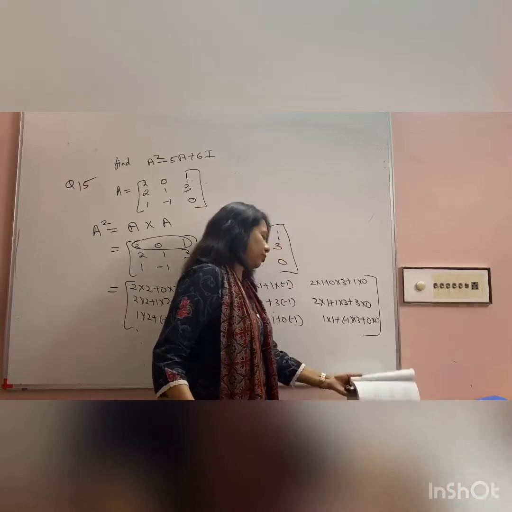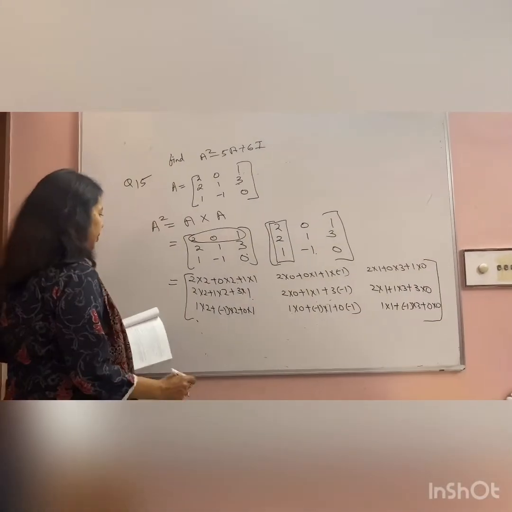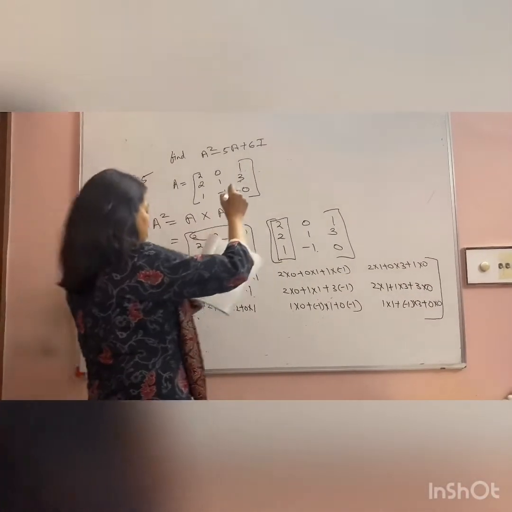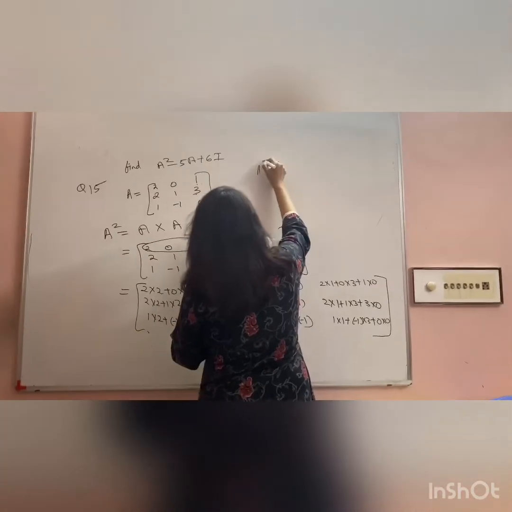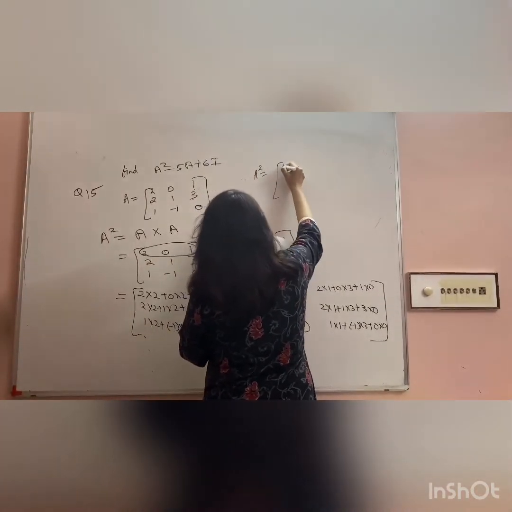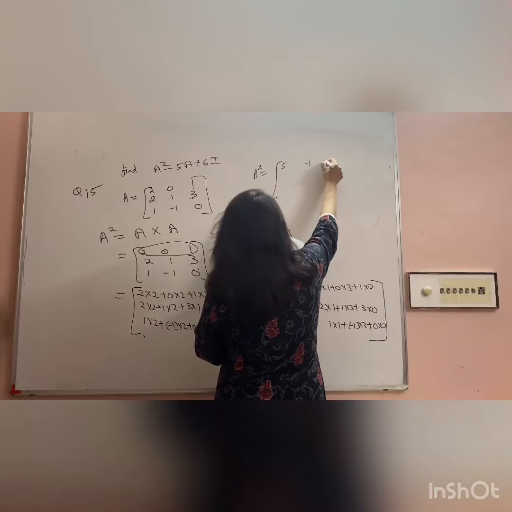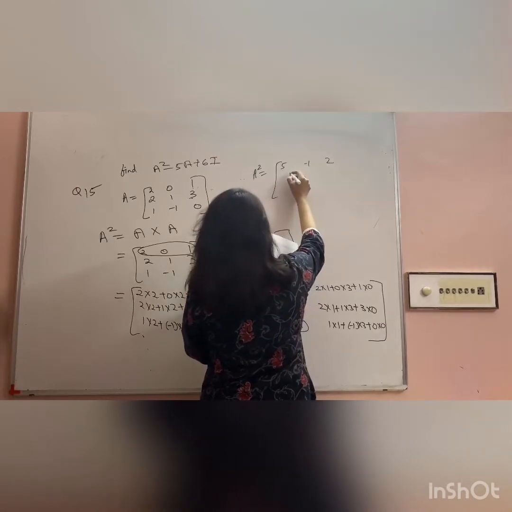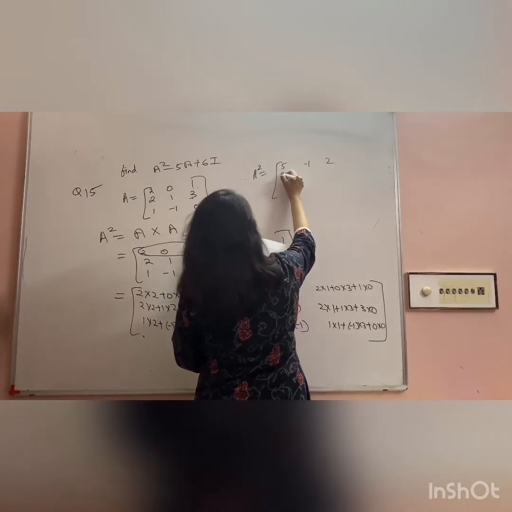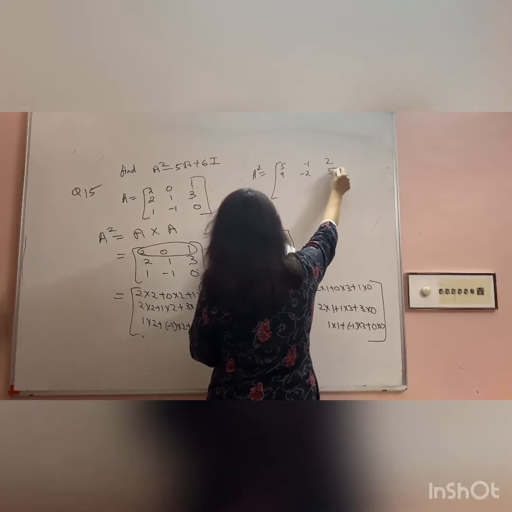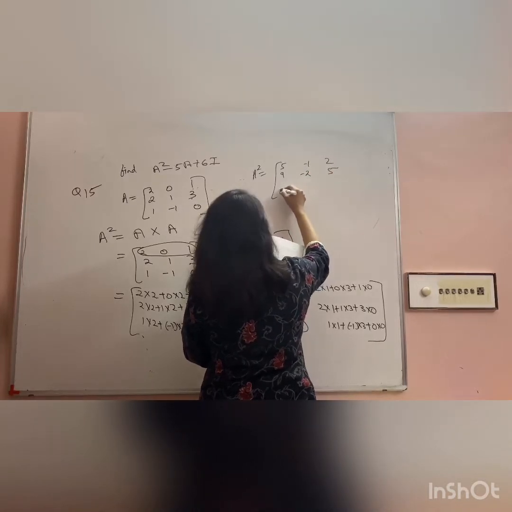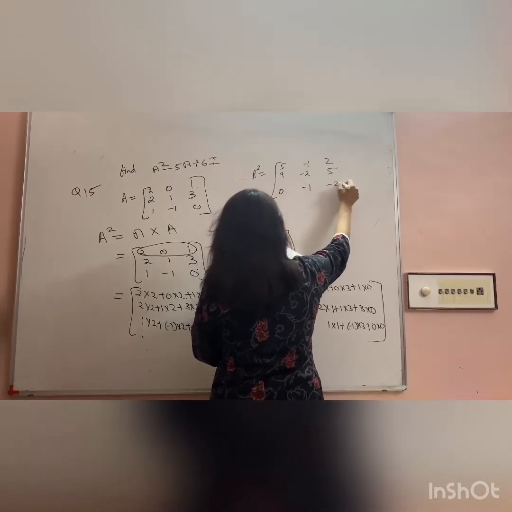So after performing normal matrix multiplication, what is the A square that I get from here? I get A square as [5, minus 1, 2; 9, minus 2, 5; 0, minus 1, minus 2].